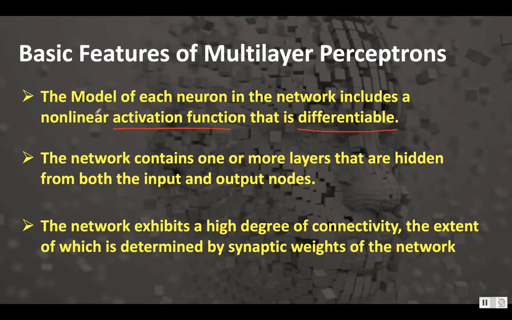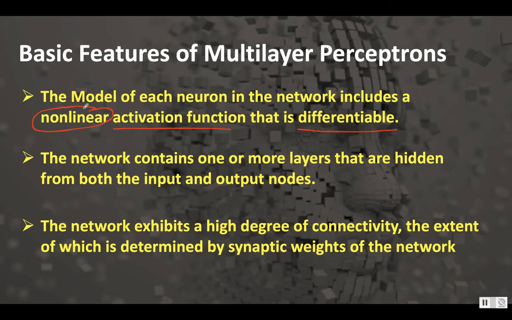In the previous chapter, we knew about the activation function, but we didn't really use it because we used a linear activation function. In this chapter, we will apply the nonlinear activation function in the neural network. One important feature of the activation function is that it must be differentiable.